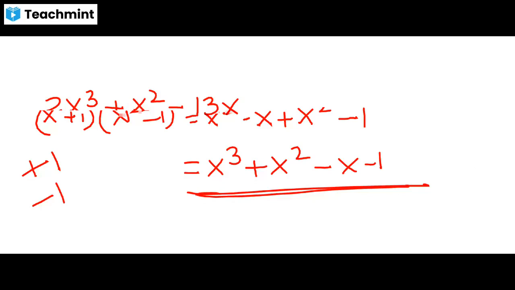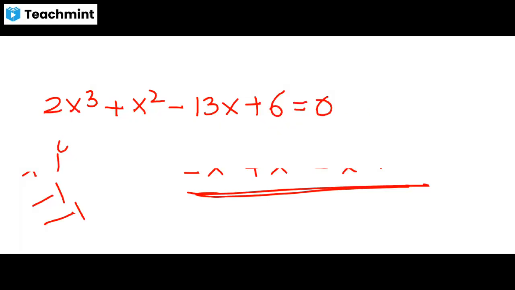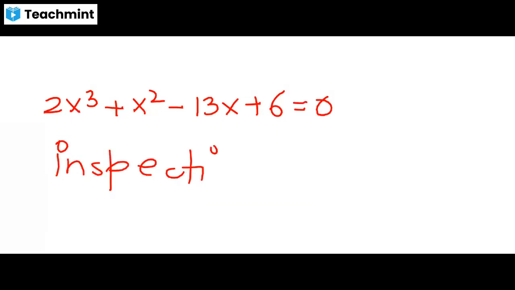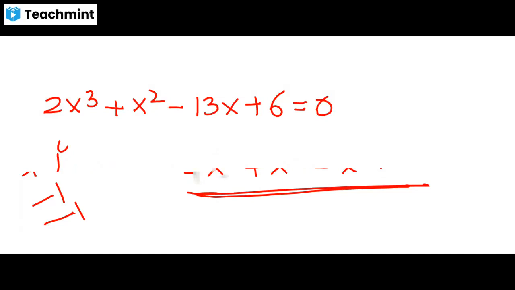So we have to find one of the roots through the inspection method or hit and trial method, right? If we see through inspection, what if we put x is equal to minus 2?